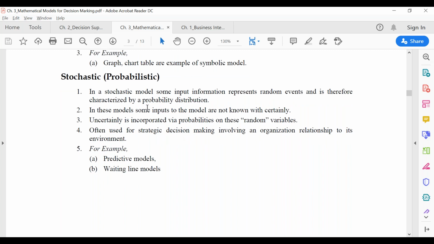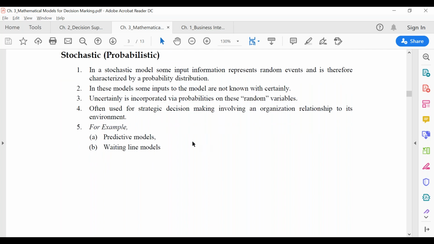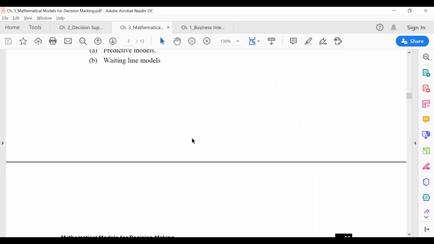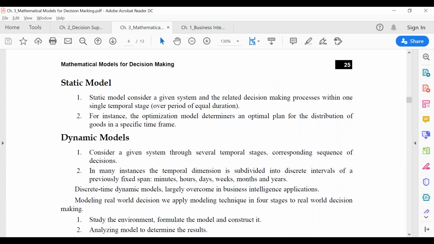So these models get some inputs, and they work on the uncertainty. They are often used for strategic decision making involving an organization's relationship to its environment. Then there are static models. A static model considers a given system and related decision-making process within one single temporal stage or over a period of equal duration.